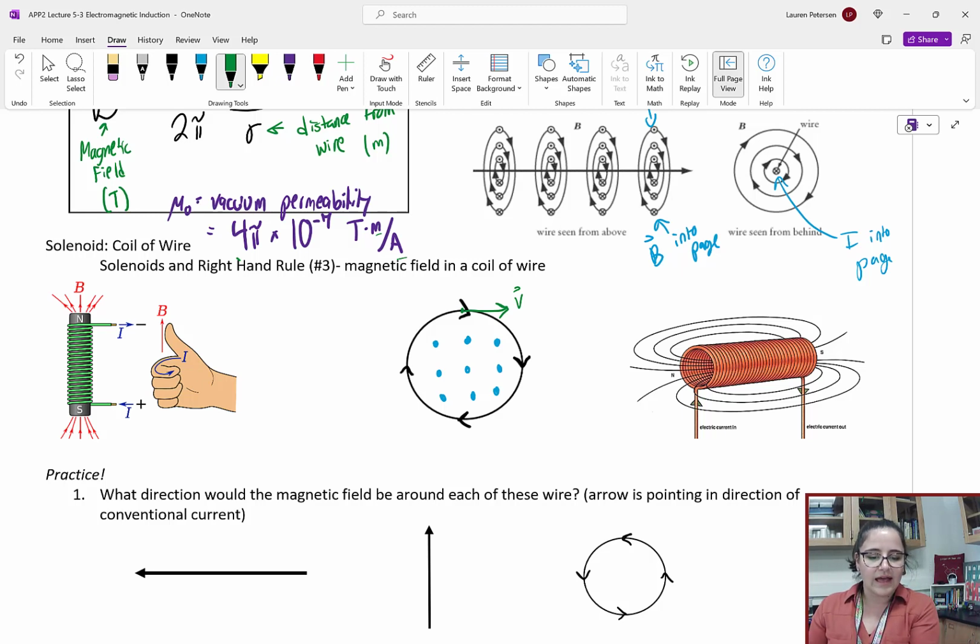And so then the magnetic field, inside the wire of that coil, will be going into the page, and on the outside of the wire, it would be coming out of the page.